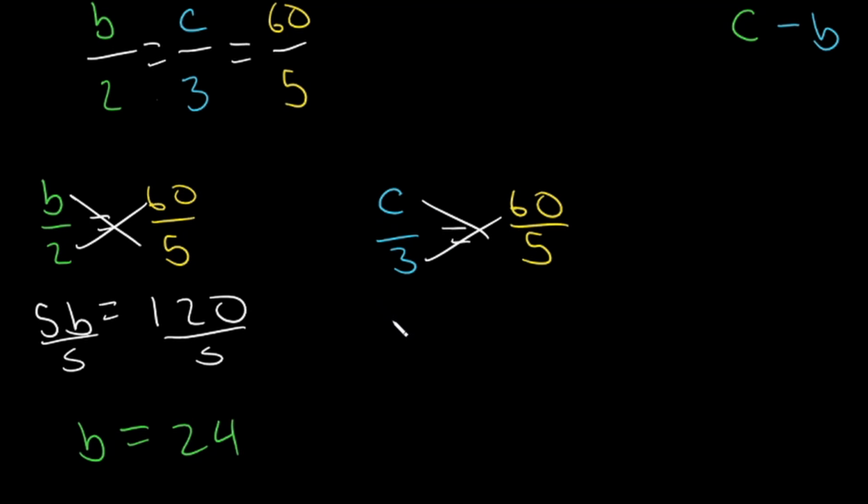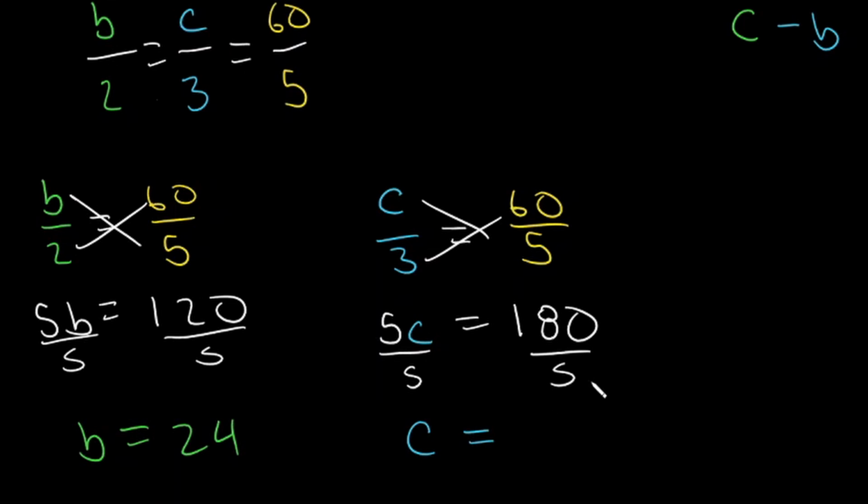We will end up with 5 times C is equal to 60 times 3. Well, 6 times 3 is 18, and then we just add a 0, so that's going to be 180. And now we just divide both sides by 5. Let's put that into our calculator again. So C is going to be equal to 180 divided by 5, and that's going to be 36.